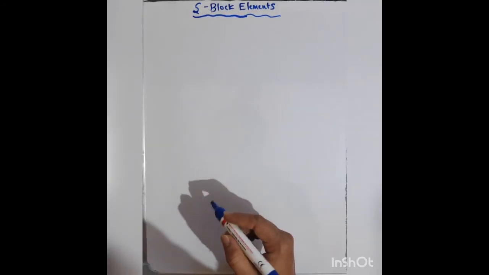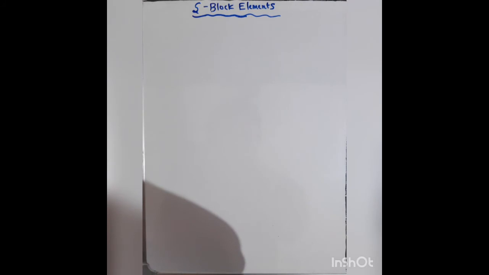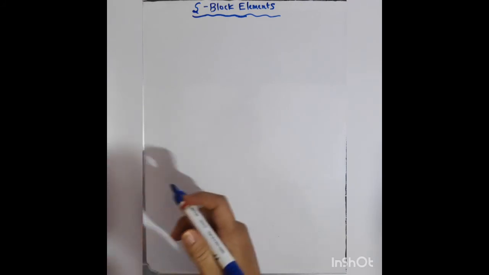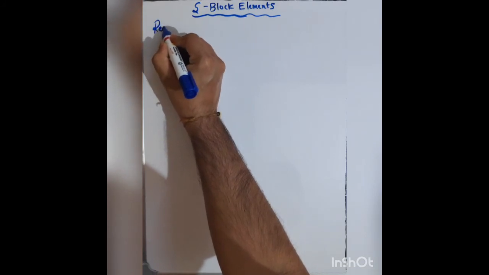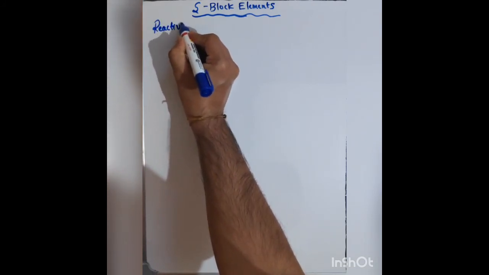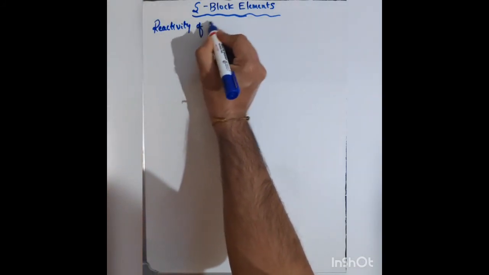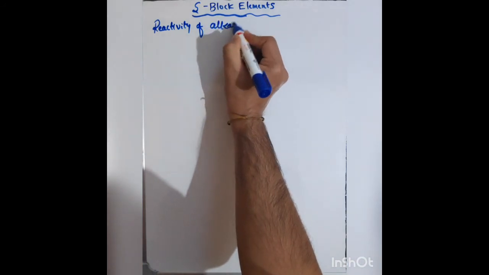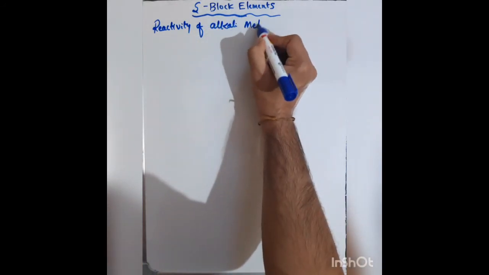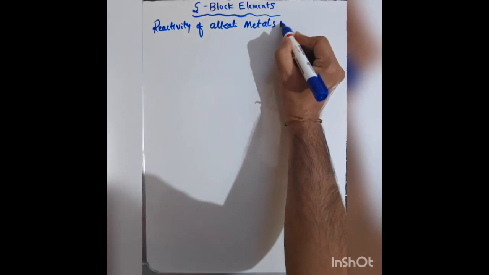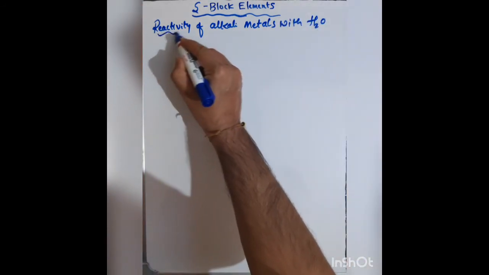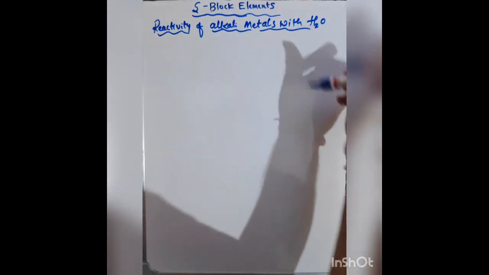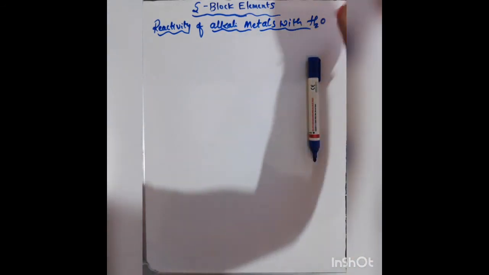The next topic in the s-block elements, under the alkali metals, is the reactivity of alkali metals with water. We have to study how the alkali metals react with water.